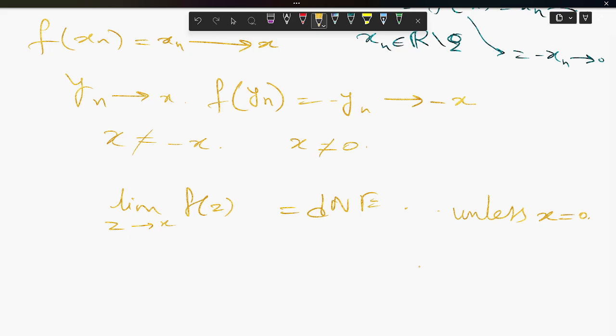Thus f(x) is discontinuous at all x not equal to 0.